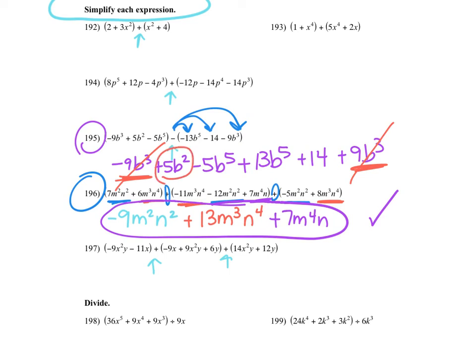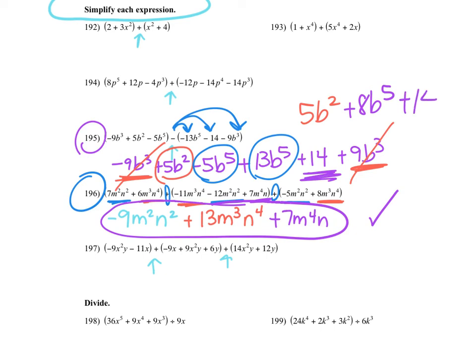Then I have -5b to the 5th and positive 13b to the 5th. So I'm going to keep 5b squared, and then I'm going to have plus 8b to the 5th, and my last but not least loner, plus 14, and this would be my answer for number 195.